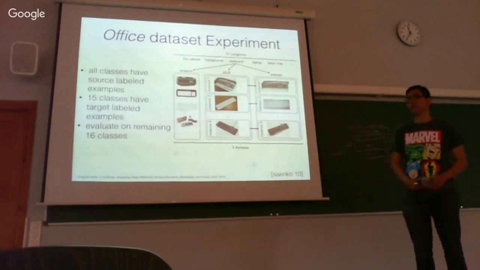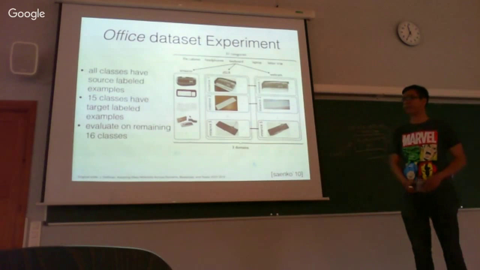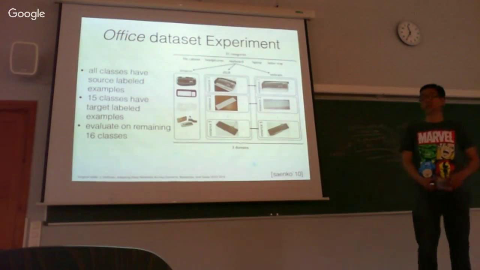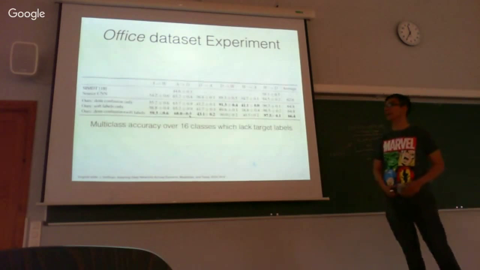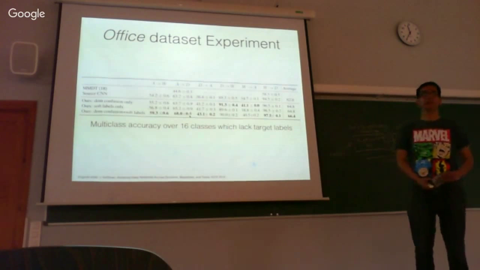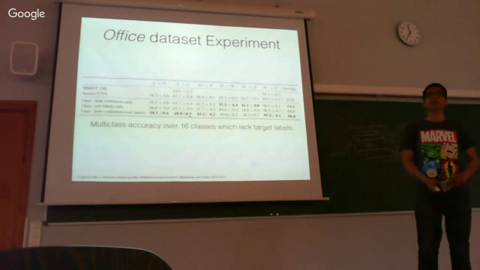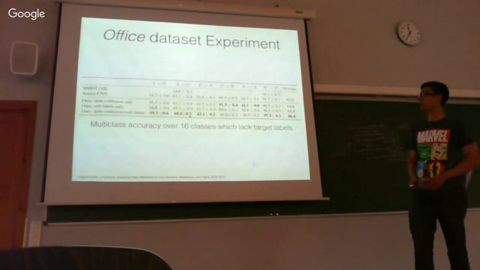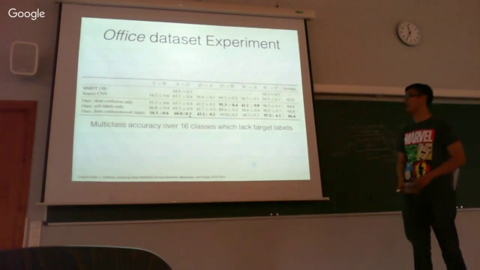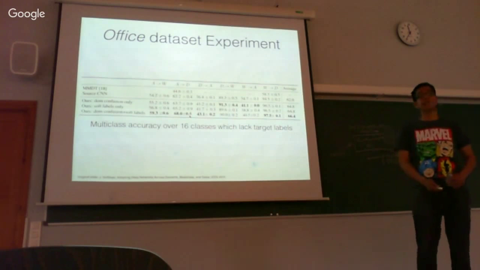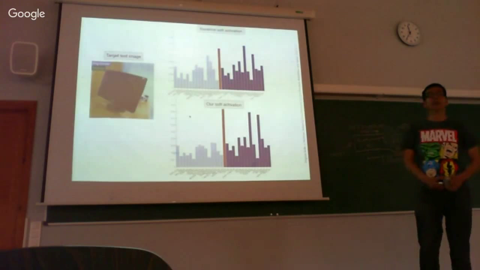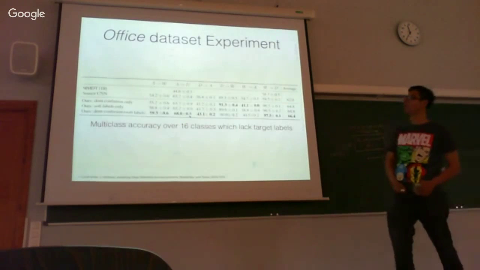They have 31 categories, and they train only using 15. The results show that they outperform the baseline in all the tests.